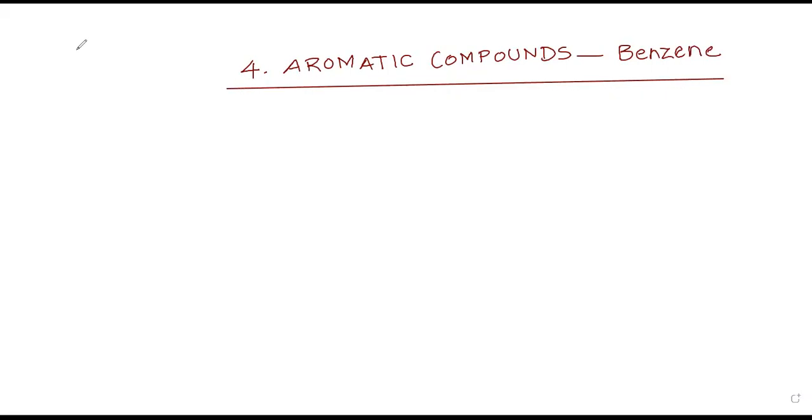Now this term, aromatic compound, has several meanings. The oldest meaning, or old definition, of aromatic compound was compounds with aroma. Aroma indicates certain strong smell.